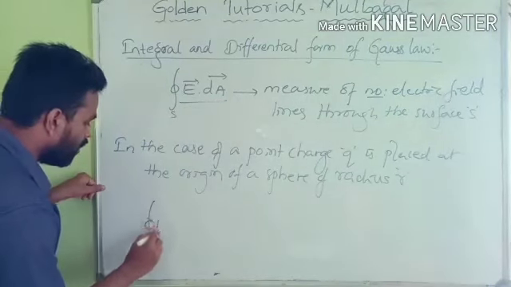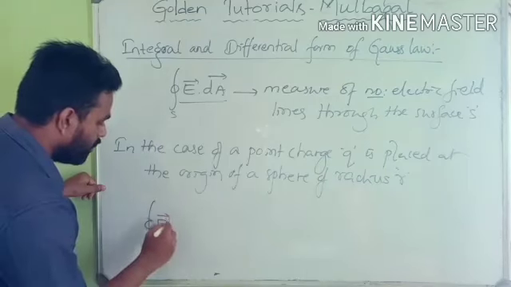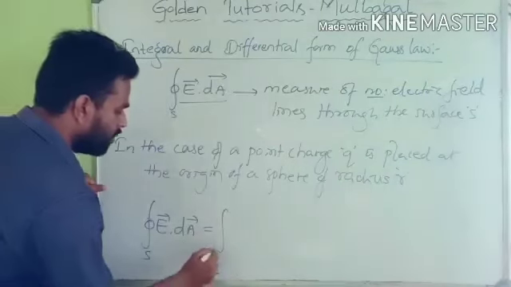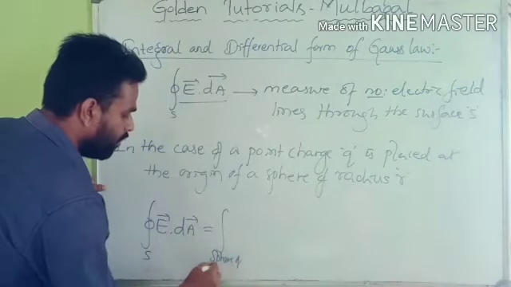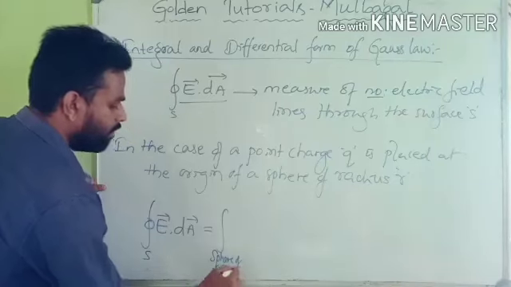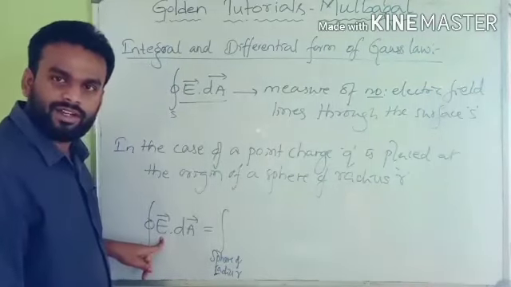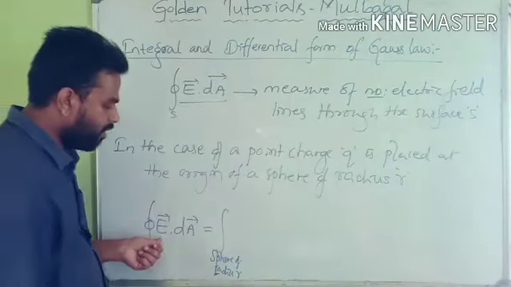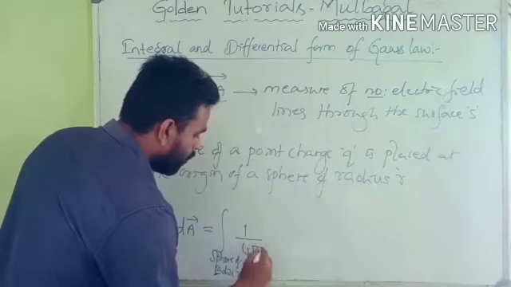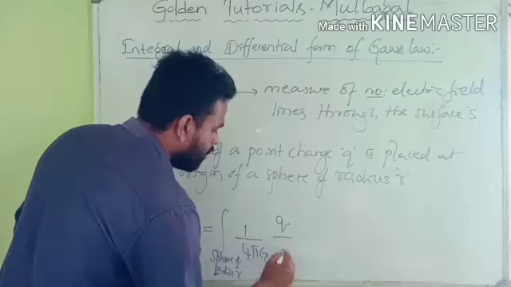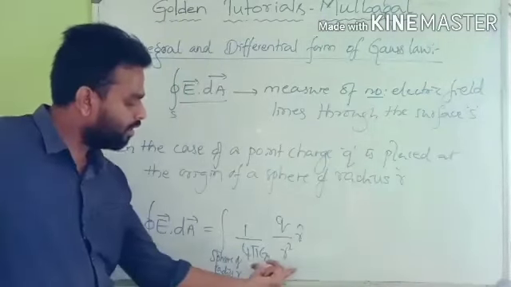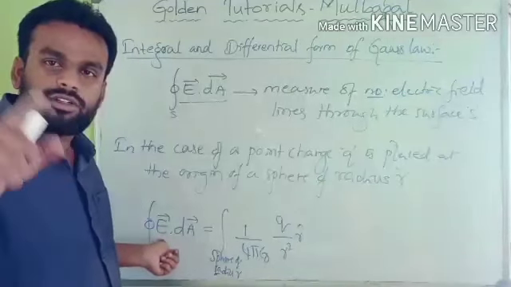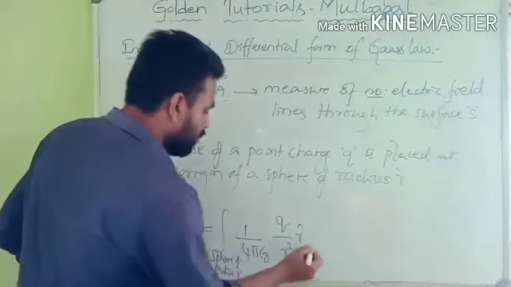Therefore I can say the total electric flux through the sphere is the integral of E dot dA over the closed surface, which is a sphere of radius r. And E is the electric field intensity at a point on the surface of the sphere, given by 1 over 4 pi epsilon naught q divided by r square times r cap, dotted with dA.